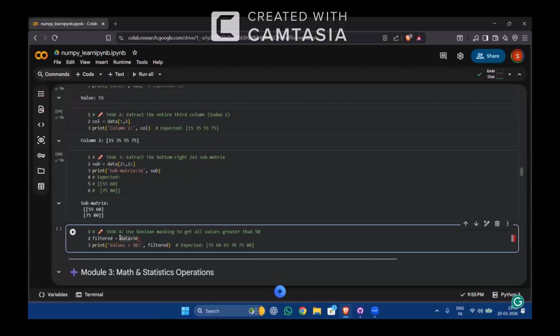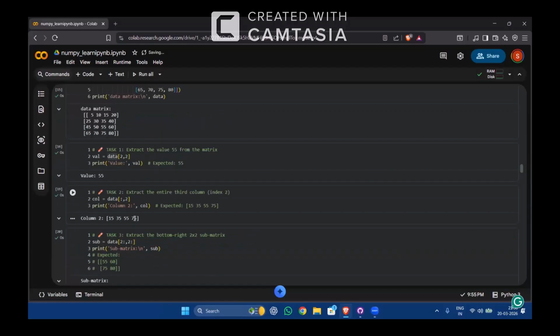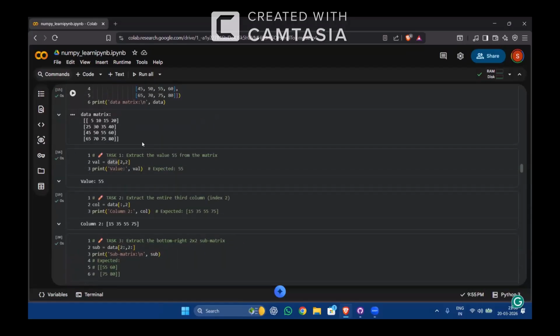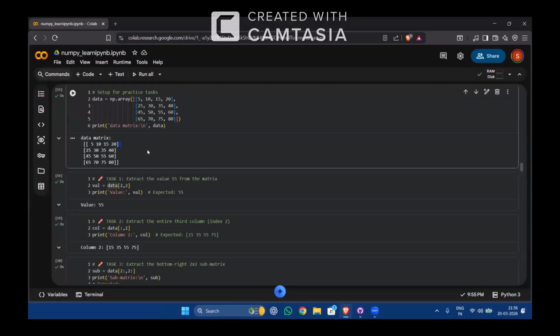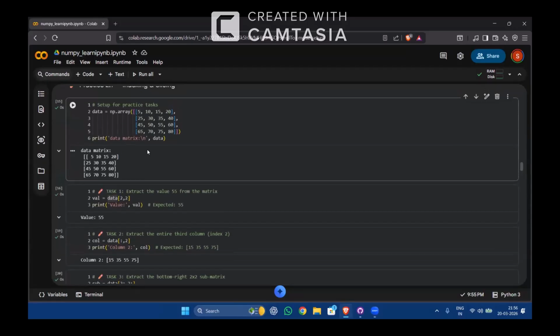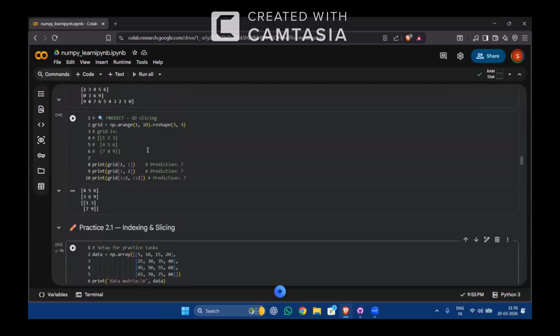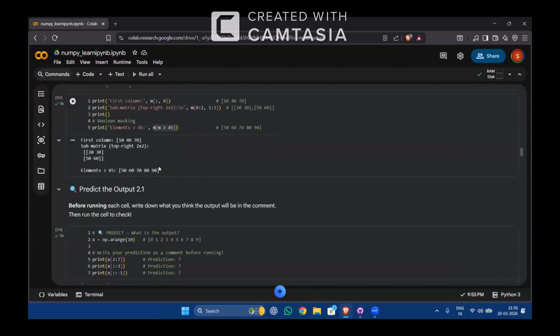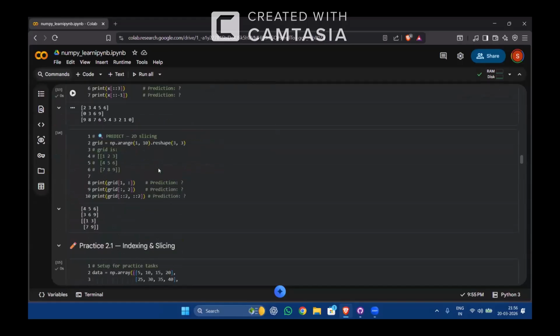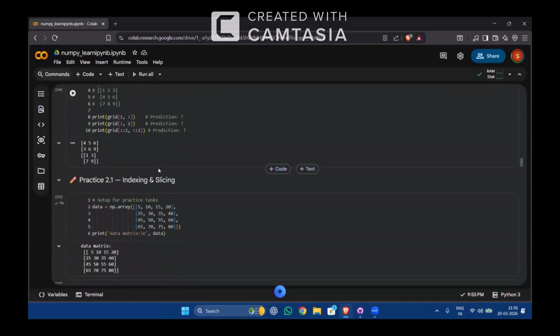Can you just move up? Down, down. Yeah. Likewise, how do you do this?